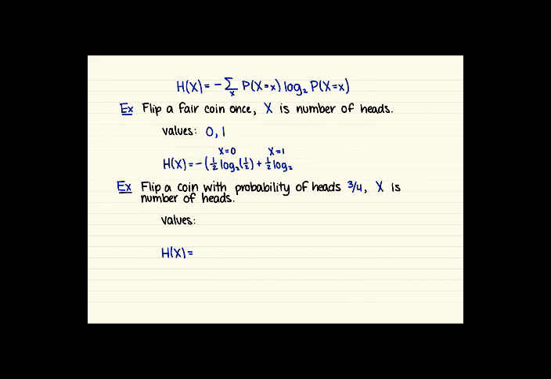So we've got 1/2 log base 2 of 1/2. So remembering our logarithms, we've got minus 1/2 minus 1/2, so this works out to be an entropy of 1 bit there.